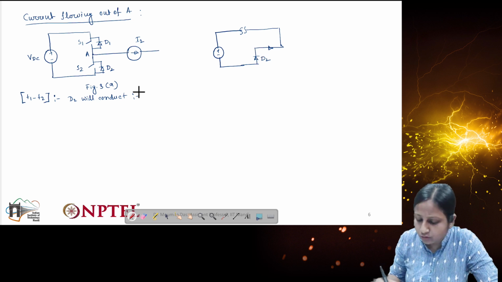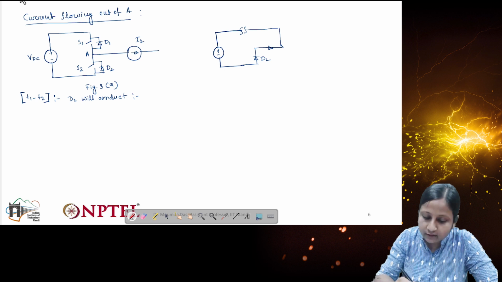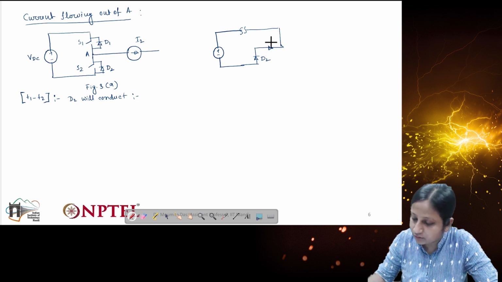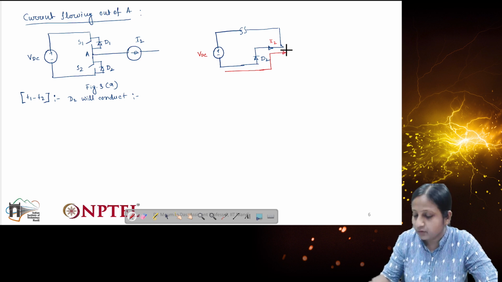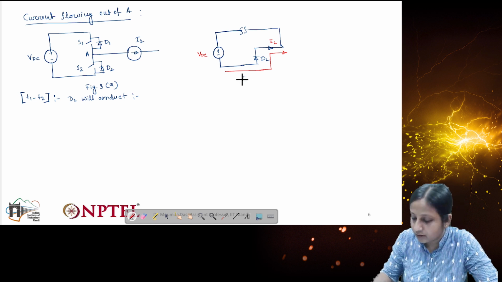Both the S2 and S1 switches are off. So the current flow will be like this: this current is I2, this is VDC, and this is the current flow path. Let's represent this as figure 3B.